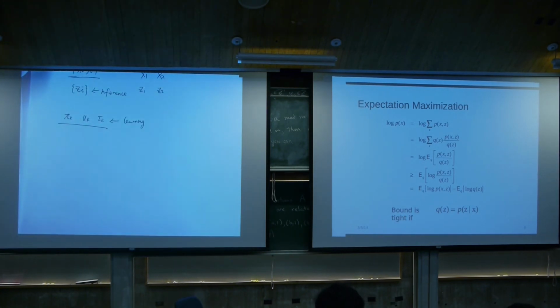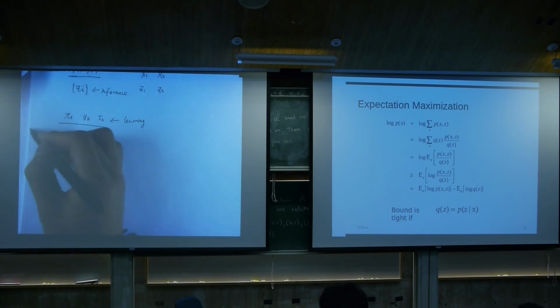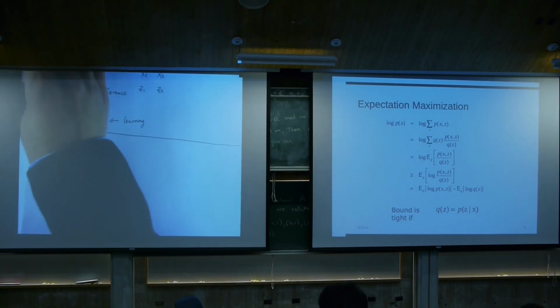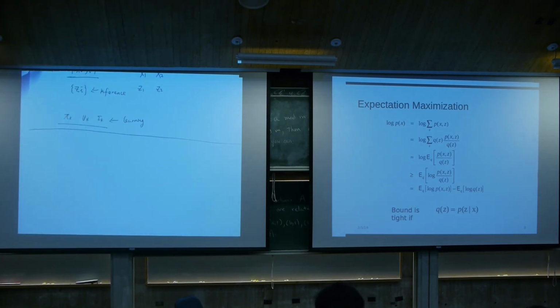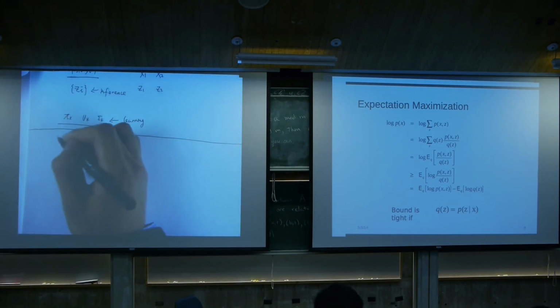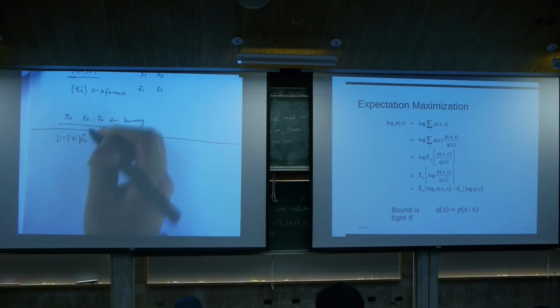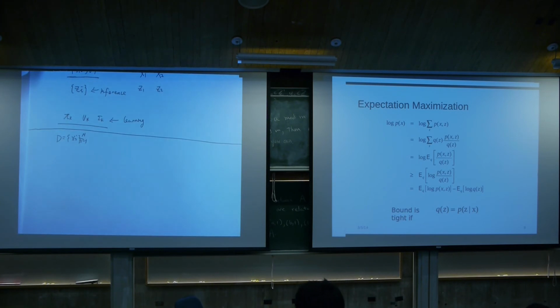Now let's derive the EM algorithm. Basically, the learning principle is still the same. We are given a set of points, and we want to learn the parameters by maximizing the likelihood defined over the data set.